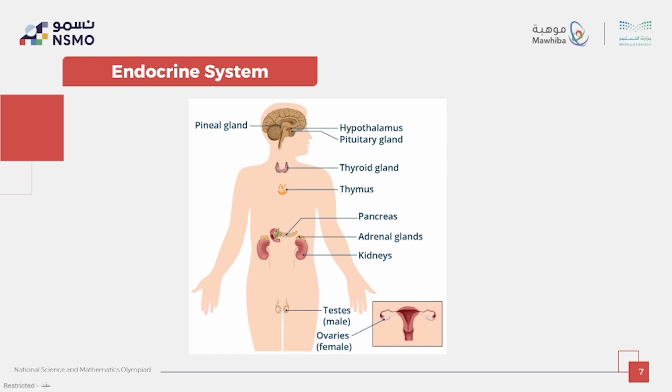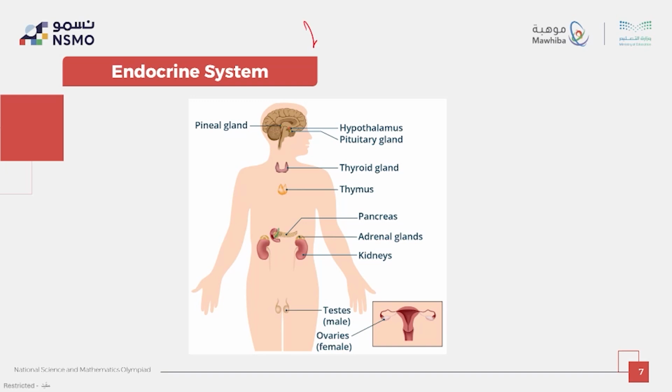Today, we are exploring one of the most amazing control systems in your body, the endocrine system. Instead of using wires and electricity like machines, your body uses chemical messages called hormones.